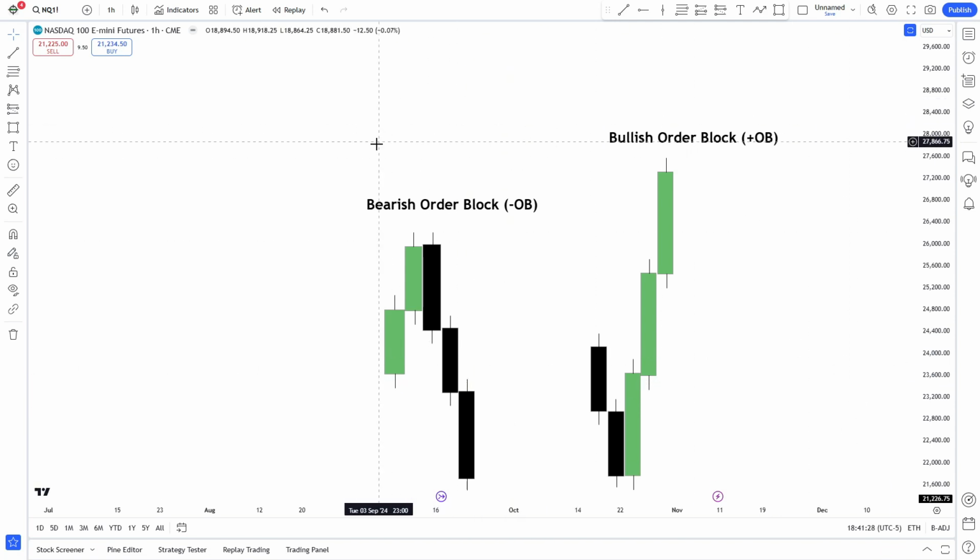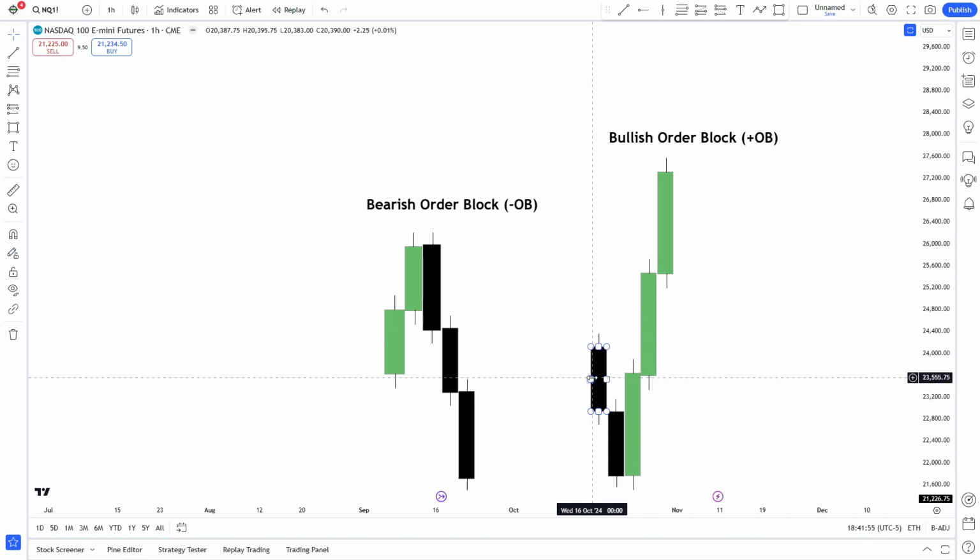So in this diagram right here, I have a crude depiction of what an order block looks like for both a bearish scenario and a bullish scenario. With a bearish scenario, we have two up close candles followed by an impulsive displacement to the downside. Similarly, for bullish order blocks, we have two down close candles, and it can be many down close candles.